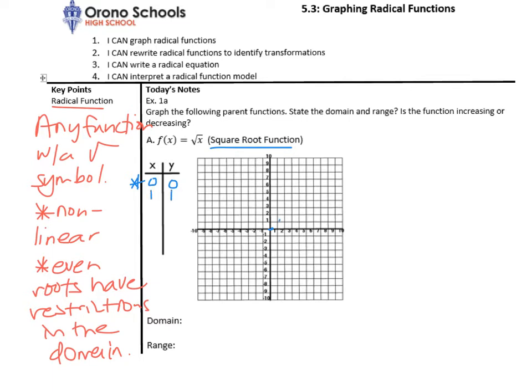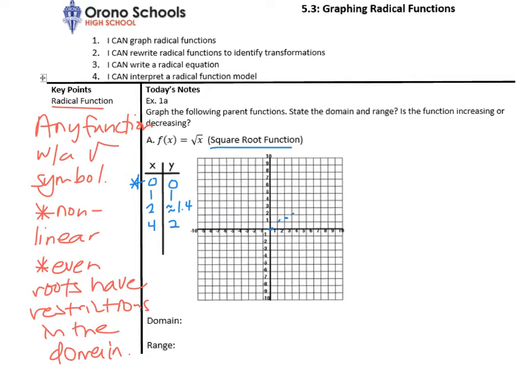So that works out just fine. The square root of 2 is approximately 1.4. So if we go 2 to the right, it's up just a little bit further than that. The square root of 4 is a perfect square. That would equal 2 exactly. So a little bit higher up.